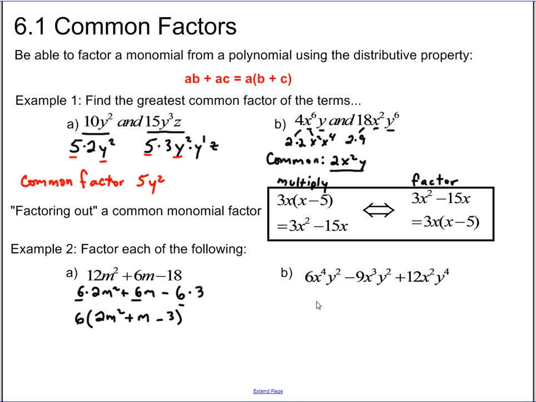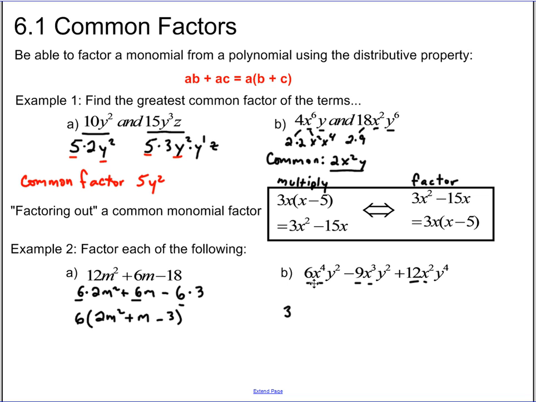All right, the second one over here maybe looks a little bit more complex, but not so far off of what we were just looking at. We just have to go through and make sure that we identify the common factors. So it looks like if we deal with our numbers, that 6, 9, and 12 will all share a 3 as part of that common factor. Now we have x to the fourth, x to the third, and x to the second.